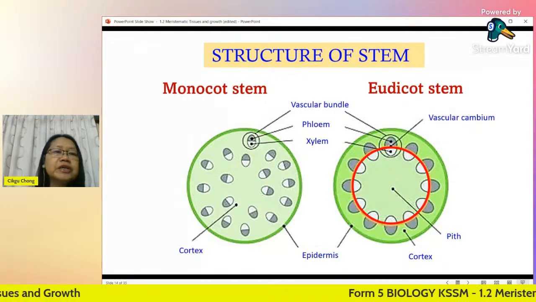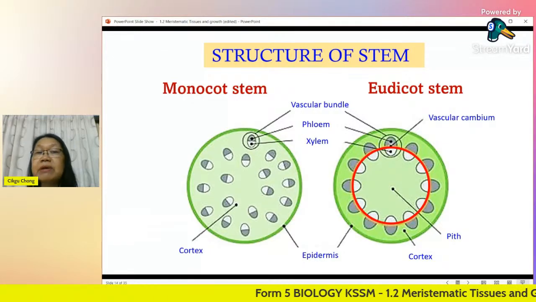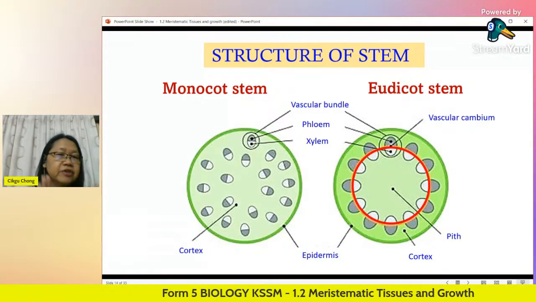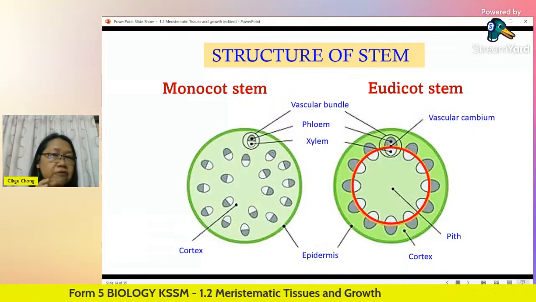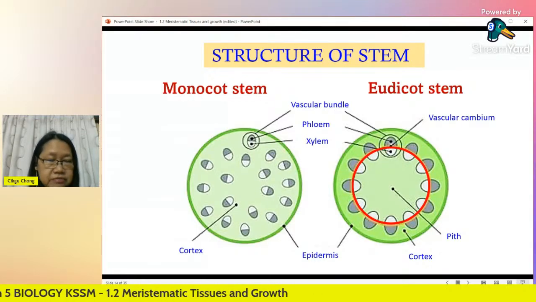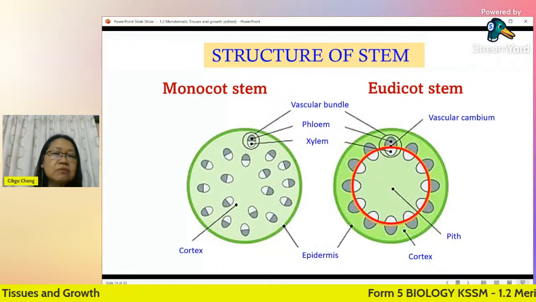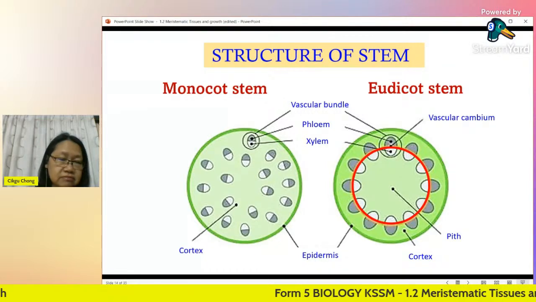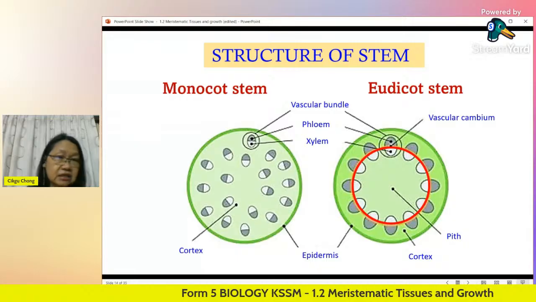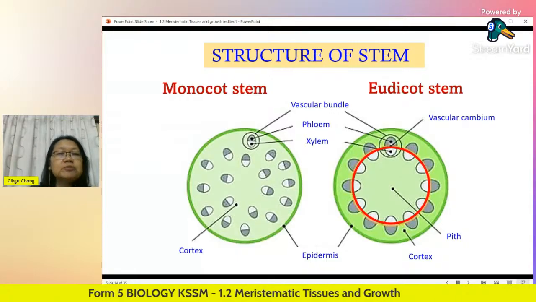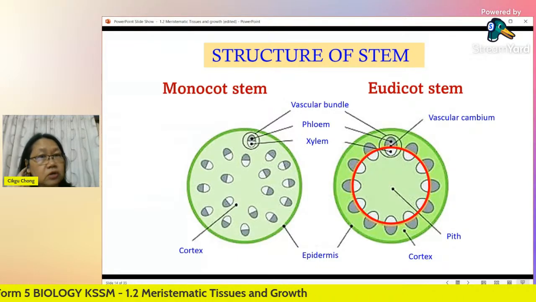Okay, now how do you recognize monocot stem and dicot stem? How do you differentiate them? So you will see very clearly is the distribution of the vascular bundle. For the monocot stem, there's no pattern. The vascular bundle is scattered. Okay, there's no particular arrangement for the vascular bundle in monocot stem.